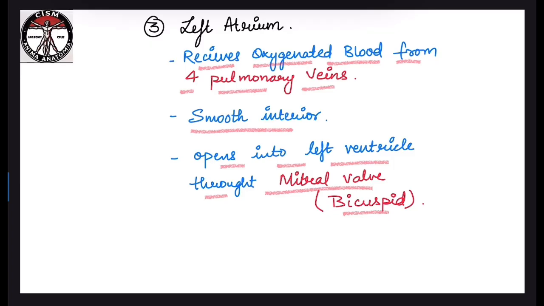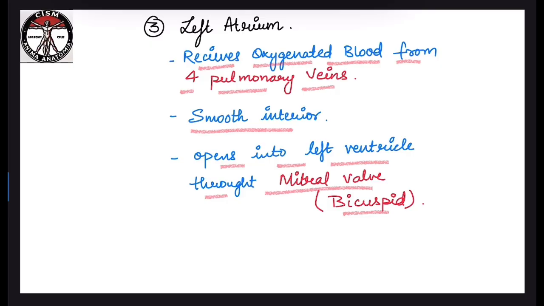The left atrium receives oxygenated blood from the four pulmonary veins. Remember guys, there are only two pulmonary arteries which go to the lungs, whereas there are four pulmonary veins which come back to the heart.